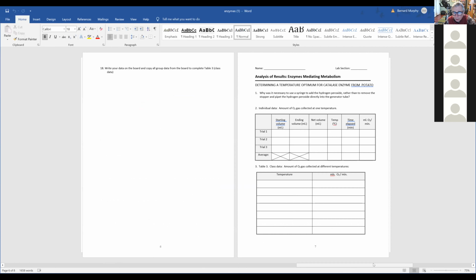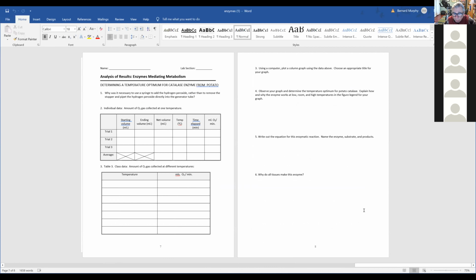And then at the end, you write in the data. I'm going to give you the data that we got yesterday to put on this analysis of results. We answer this question up here and then these questions here. Then you turn this in to me and I grade it and you get points.